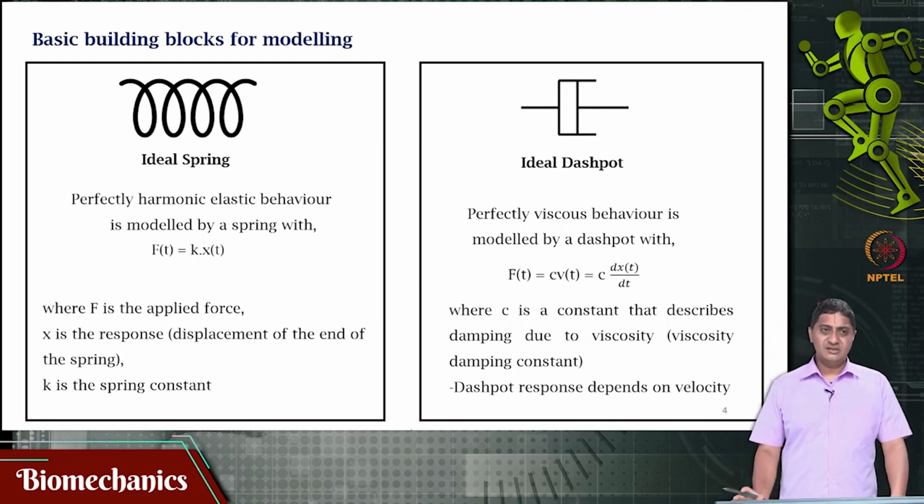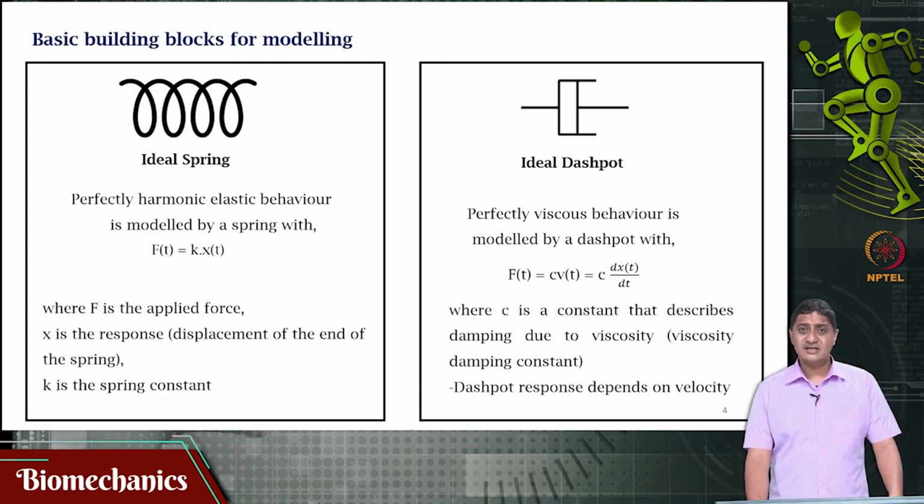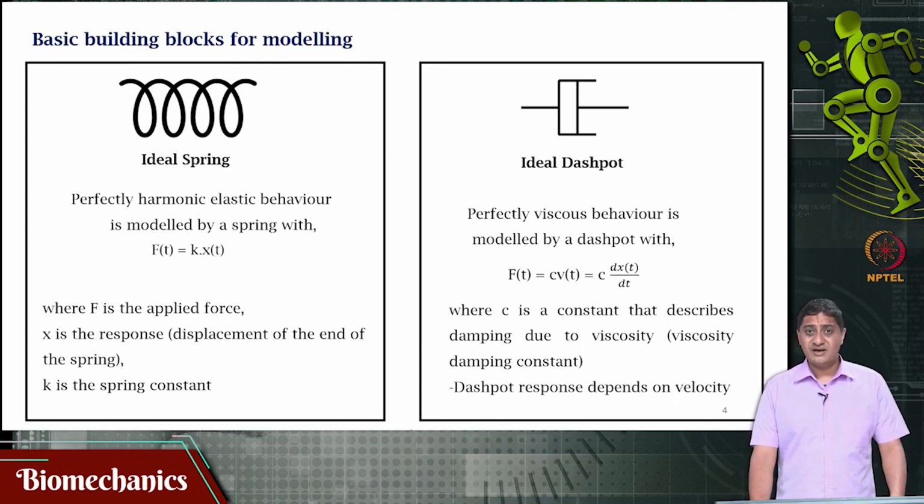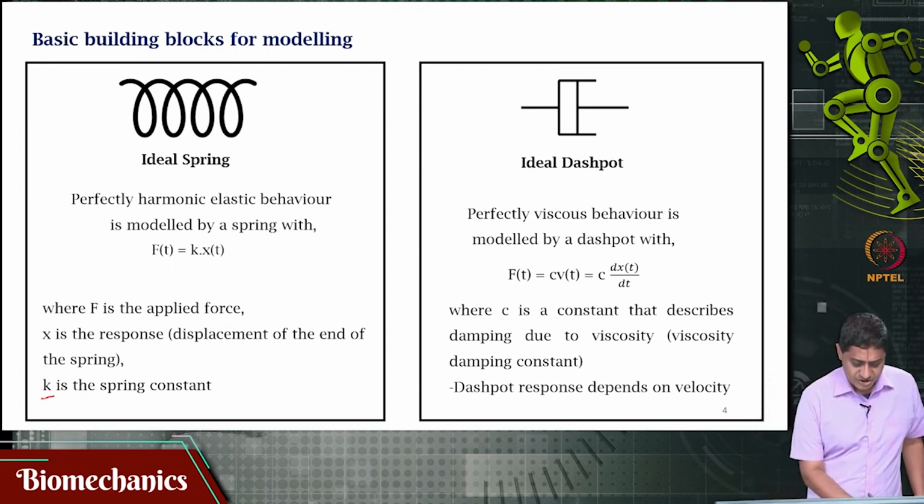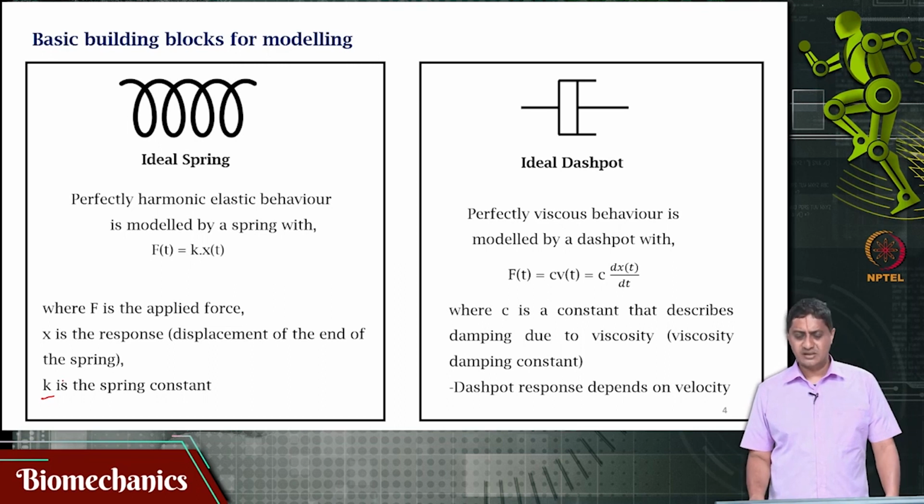An ideal spring shows perfectly harmonic elastic behavior, and it is modeled by this equation: F = kx, or F as a function of time, f(t) = k x(t), where k is the spring constant and x is the displacement at the end of the spring that you are measuring. k is the constant of proportionality.